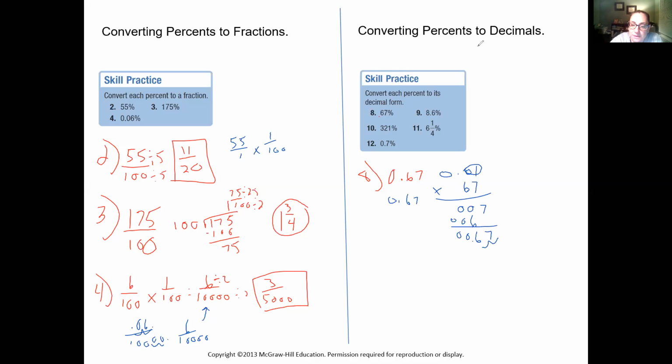For number 9, to the left, 0.086. Number 10, 3.21.